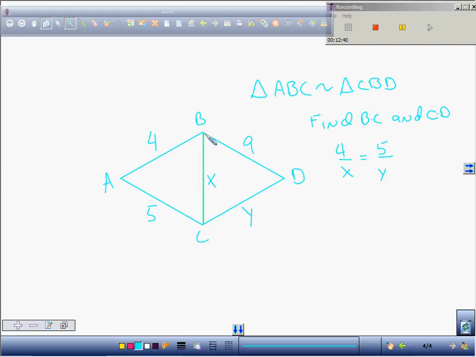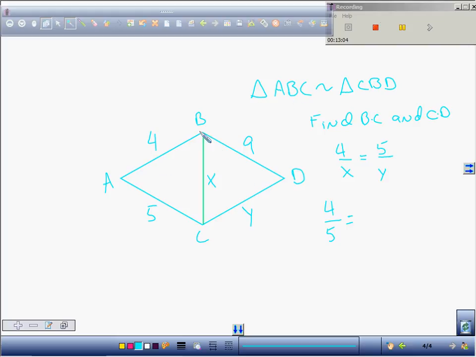Could I use AB? Let's try to set up another one. How about if I use AB goes with AC, right? In this triangle, AB goes with AC as what goes with what in this triangle?